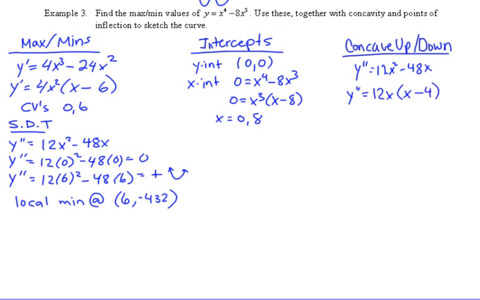Okay, so critical values here, 0 and 4. So okay, we know a second derivative, this is where concave up, concave down.